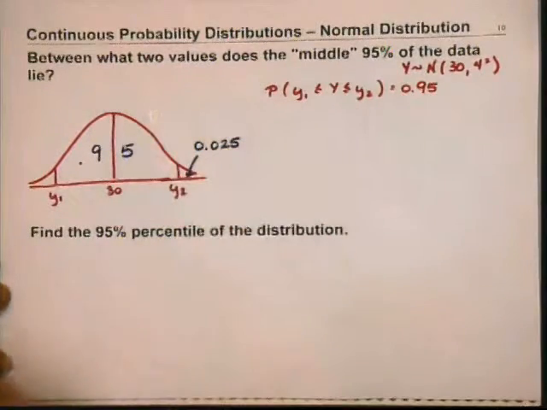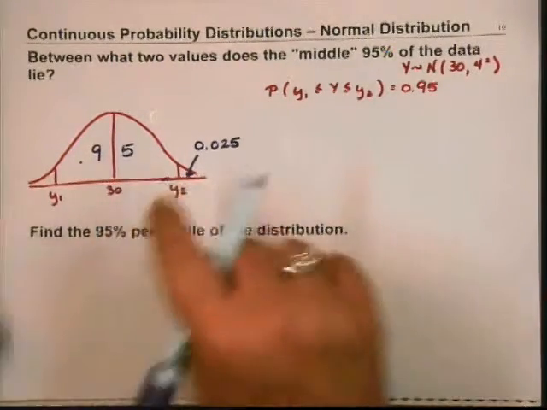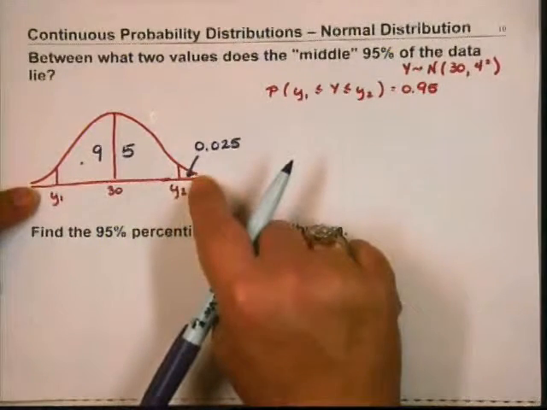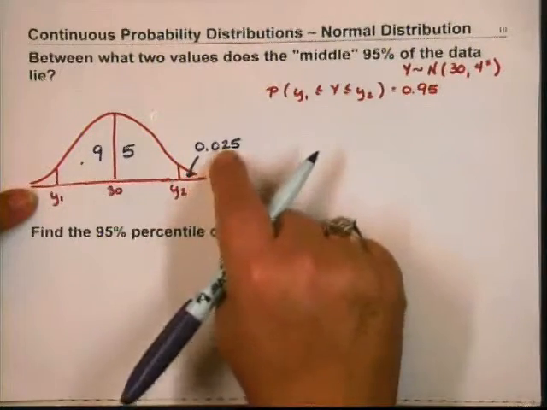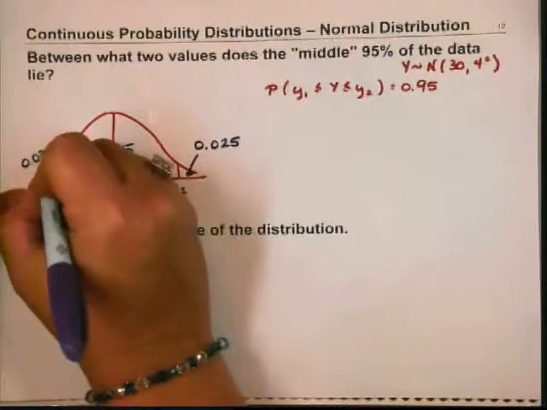How do you know? One minus the 0.95 is 0.05. I've got two pieces left over that are split evenly. And so that 0.05 divided evenly is 0.025. And so this one is also 0.025.